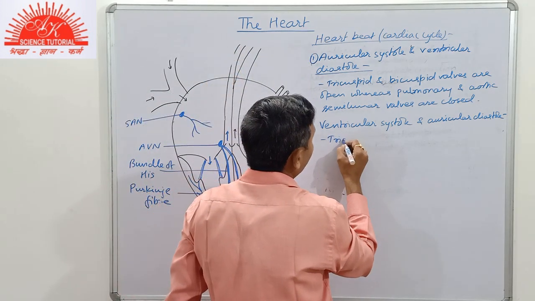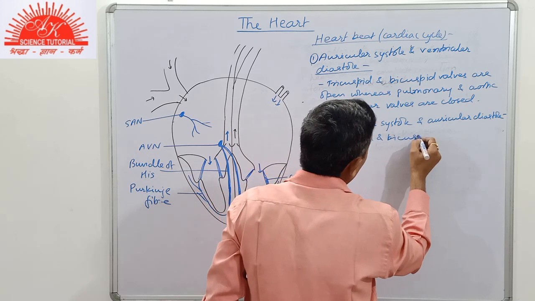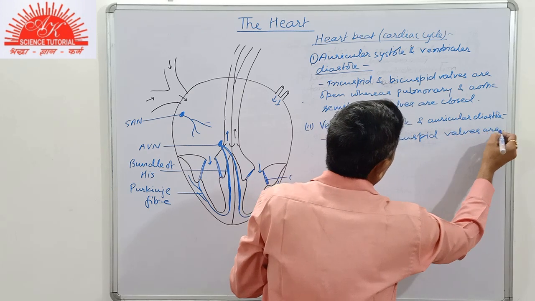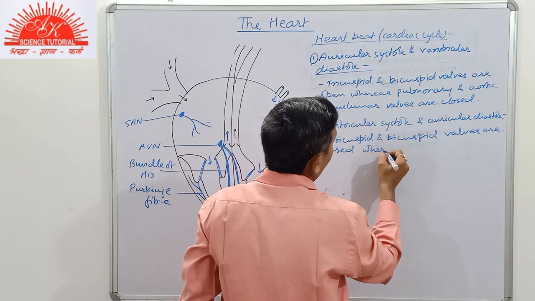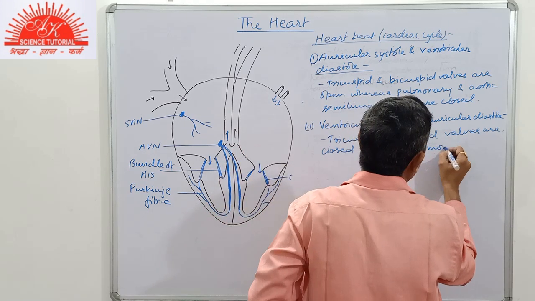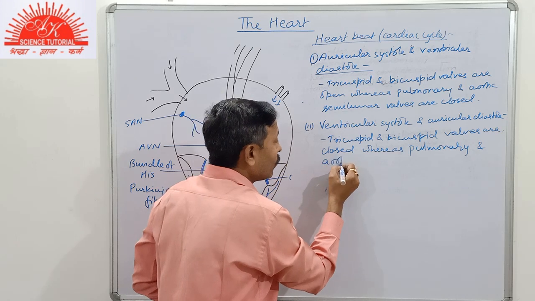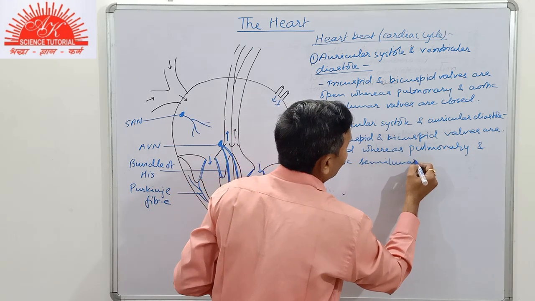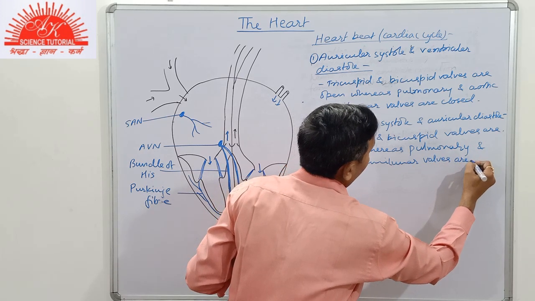So here we write tricuspid and bicuspid valves are closed, whereas pulmonary and aortic semilunar valves are open.